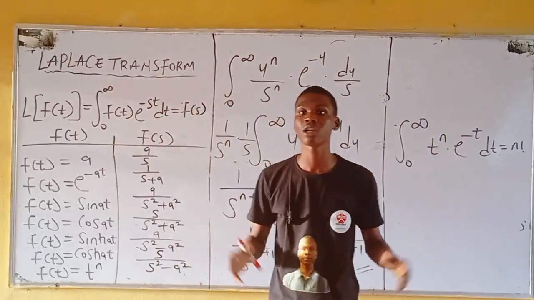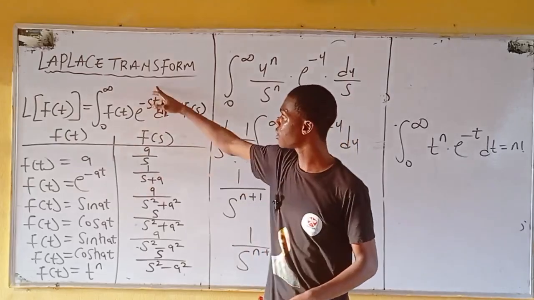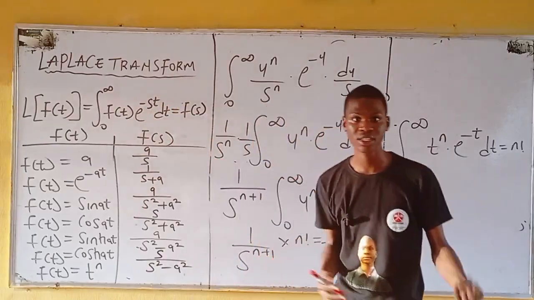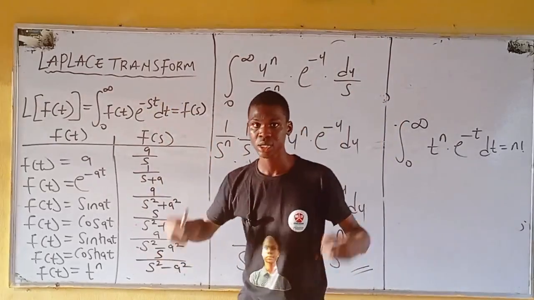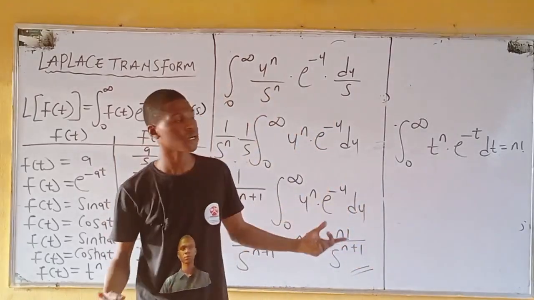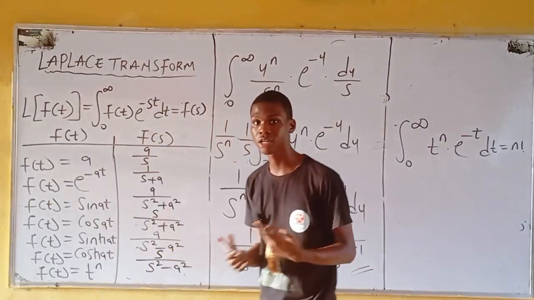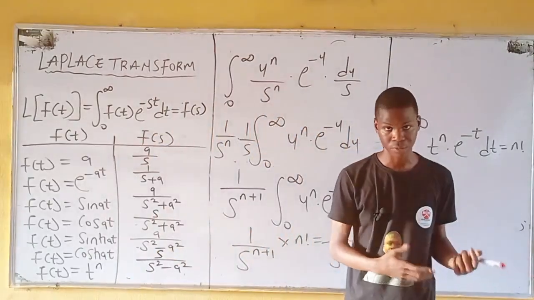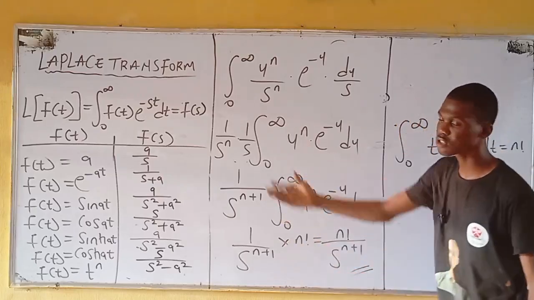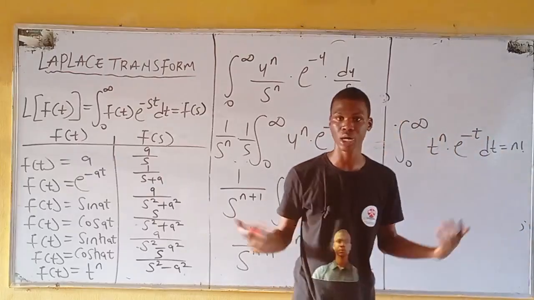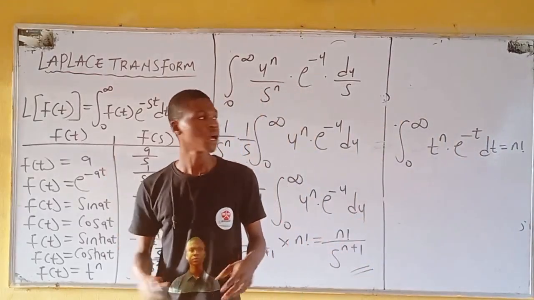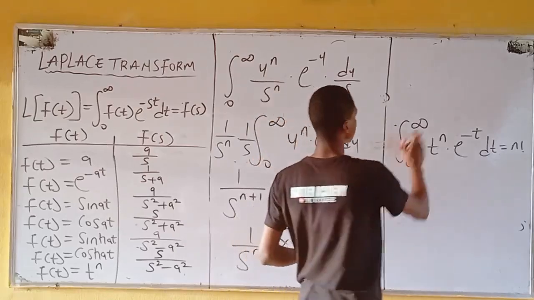We have the gamma function, so we make use of gamma to transform t raised to the power of n. So mathematically you are correct. You can use it anywhere, anytime.